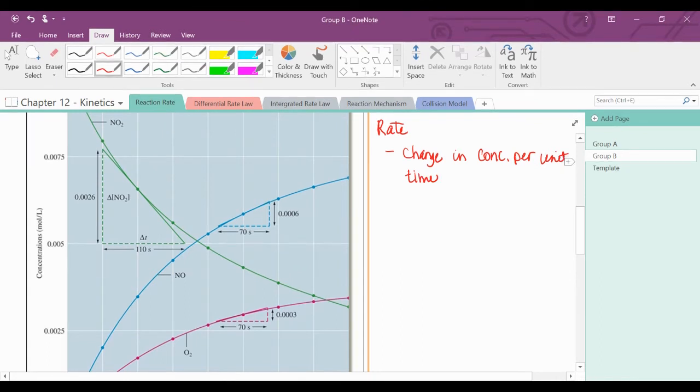And notice that I wasn't specific about our time unit. So sometimes it will be in minutes, sometimes it could possibly be in seconds.